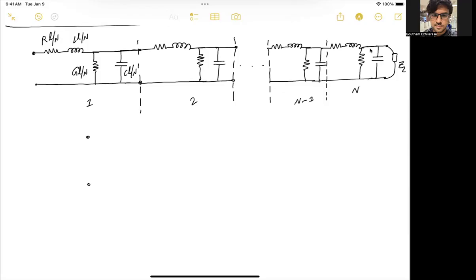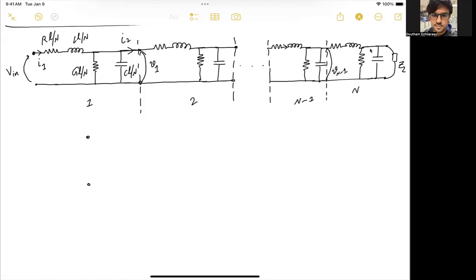So if you consider the kth element, how do the currents go? So the input voltage, this is V0, this is I1, and this is going to be I2. And this voltage we're going to assume to be V1, and so on. So this voltage here is going to be Vn minus 1.